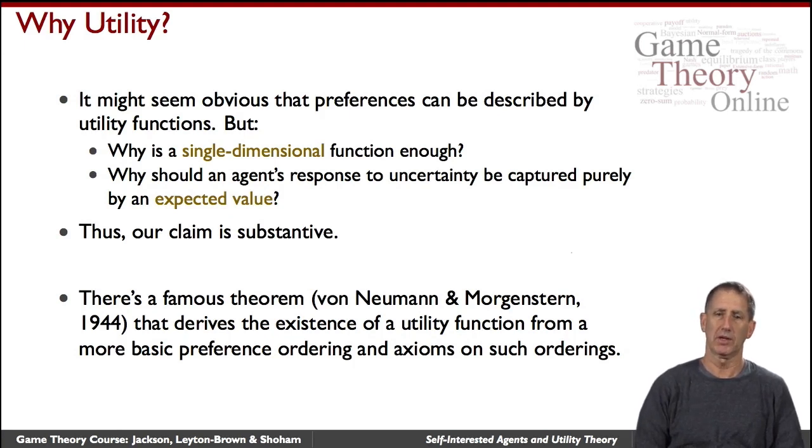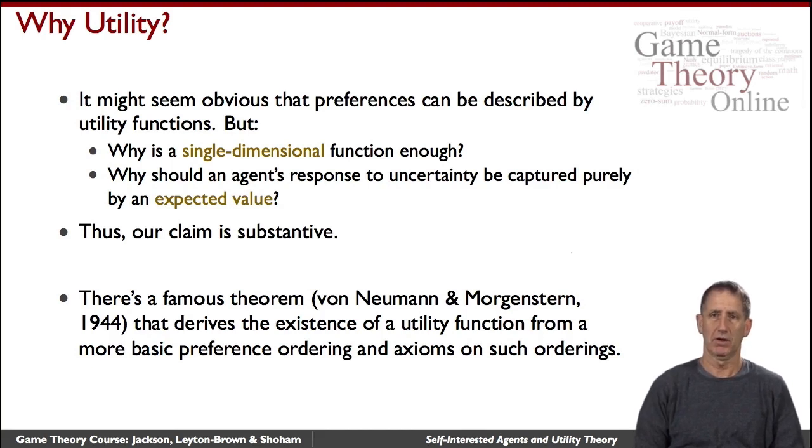Similarly, why is looking at the expected value when you're looking at your uncertainty an appropriate way to capture your attitude? And so these are not trivial statements, and in fact not tautological. They make a substantive claim.